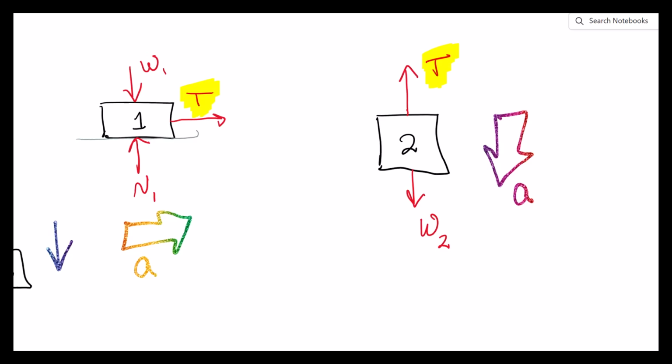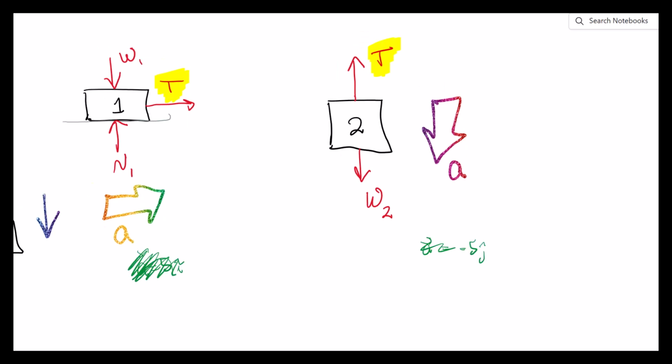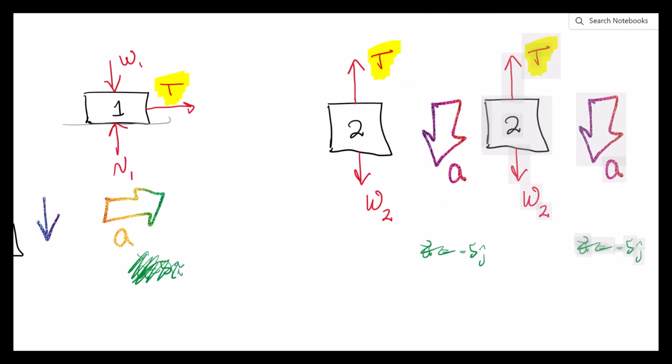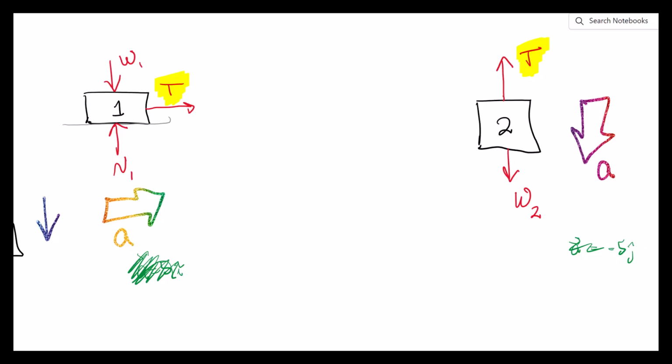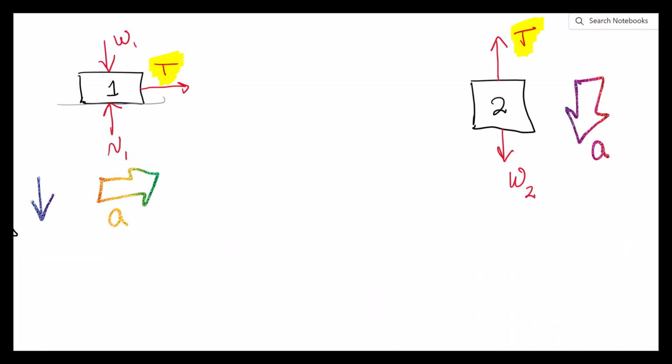Okay, so now I've got my sum of the forces. Whoa, I don't know what just happened. Okay, the sum of the forces for this guy: I have weight 1 pulling down.